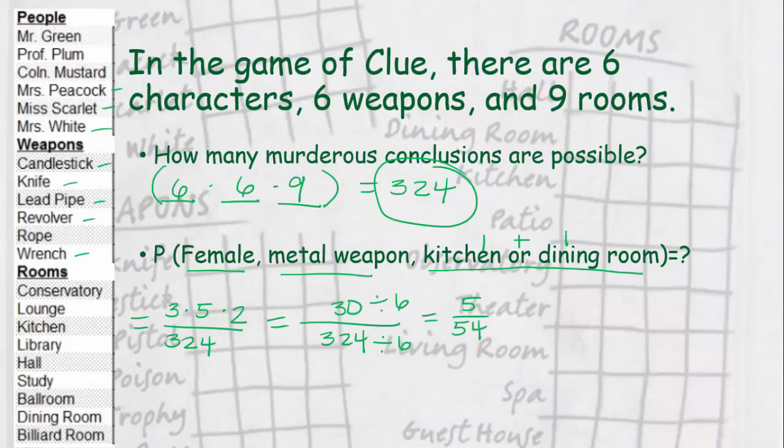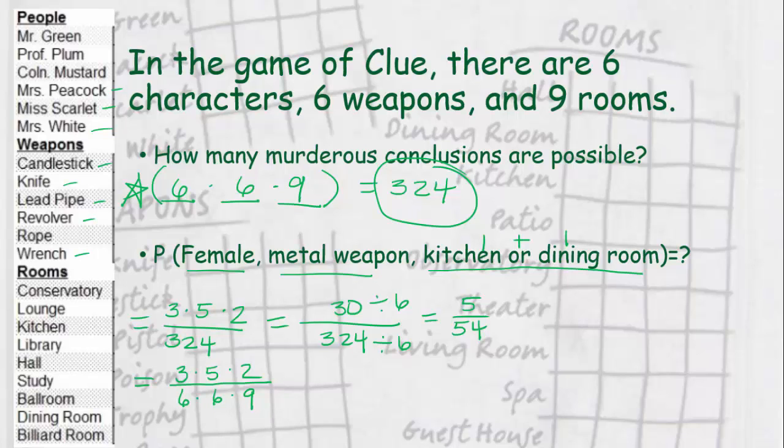Okay, there's one other way to do it. It's also using the counting principle. I always like to show you more than one way so you can choose which way you're more drawn to. When you look at the counting principle in the top, I would write down the same thing. I have 3 choices times 5 choices times 2 choices. If we hadn't already done this problem and you were starting from scratch, you could write down 6 choices times 6 choices times 9 choices in the denominator.